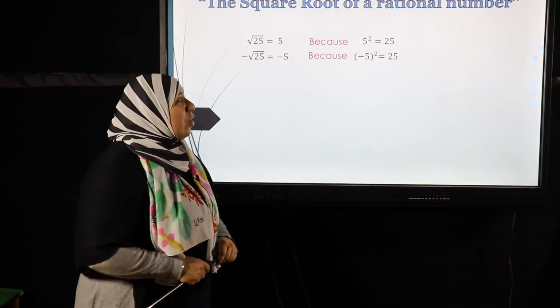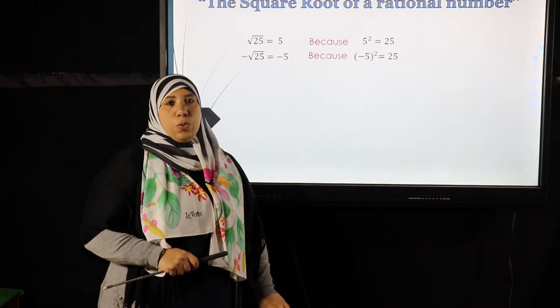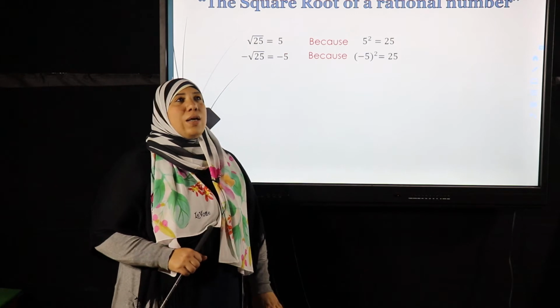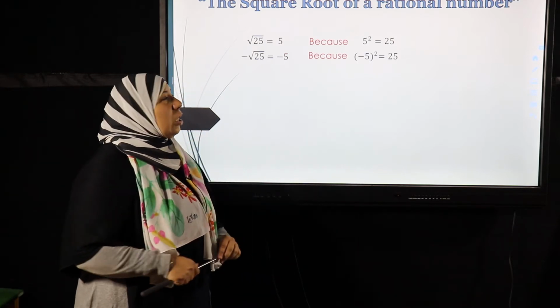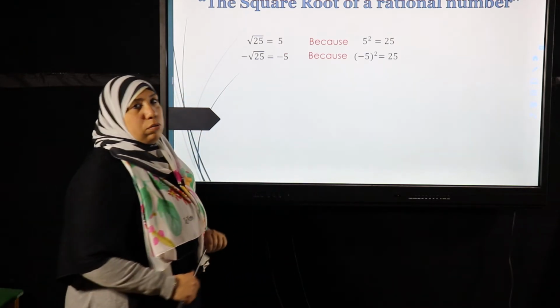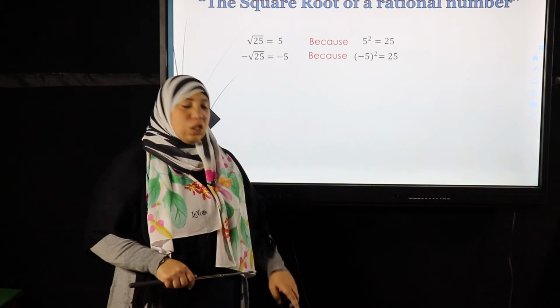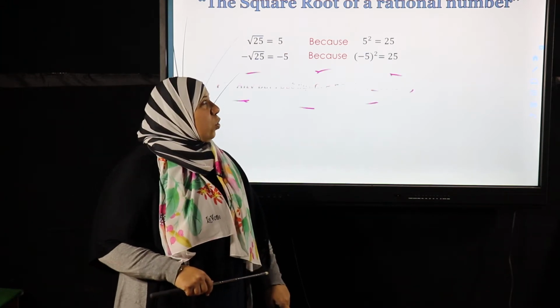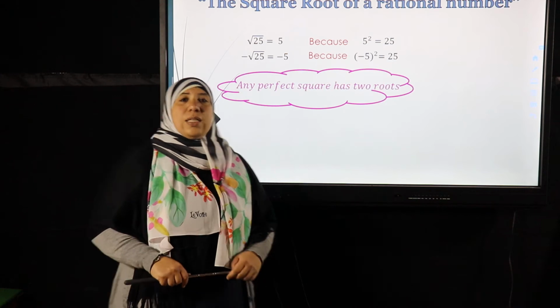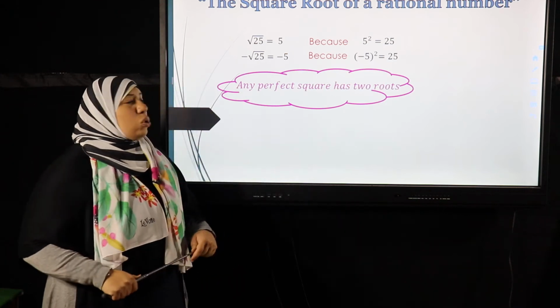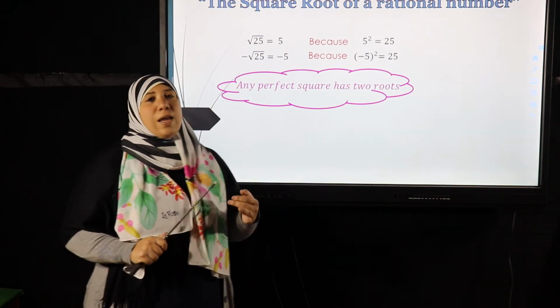So 25 here is called a perfect square. A perfect square is a number resulting from the square of another number. So 5 squared is 25, so 25 is called a perfect square. And any perfect square has 2 roots, positive and negative.